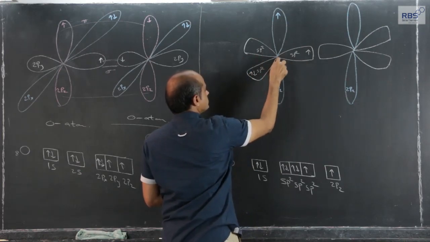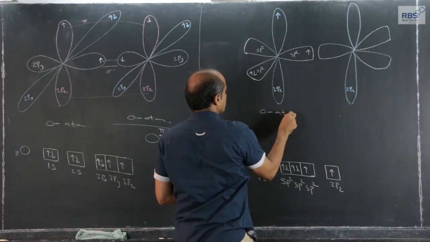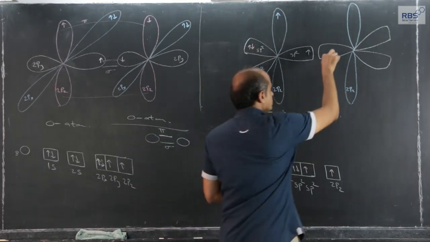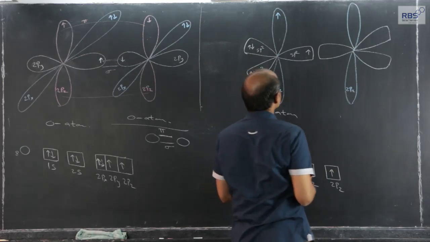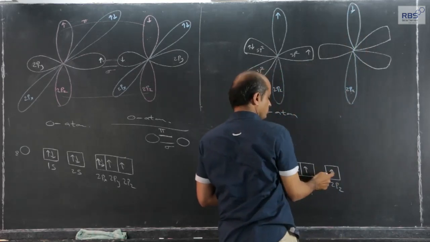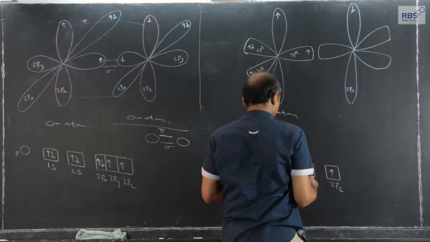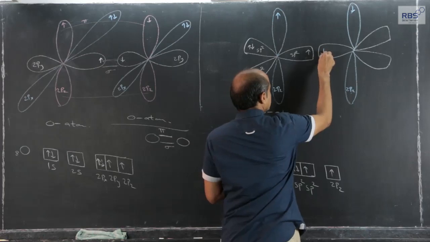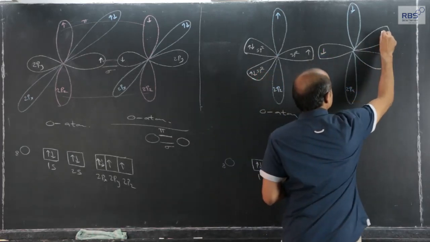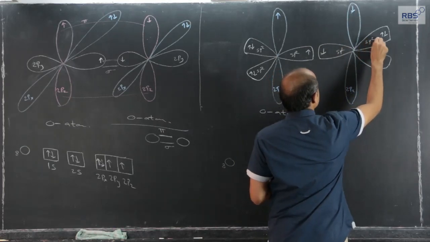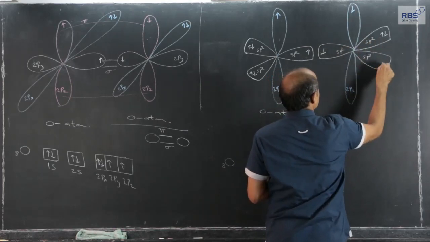The remaining 2 sp2 of this oxygen atom will contain a lone pair each. The same will be true for this other atom, with opposite spin: unhybridized 2pz, and out of 3 sp2, one will contain an unpaired electron with opposite spin. These 2 sp2 will contain a lone pair.